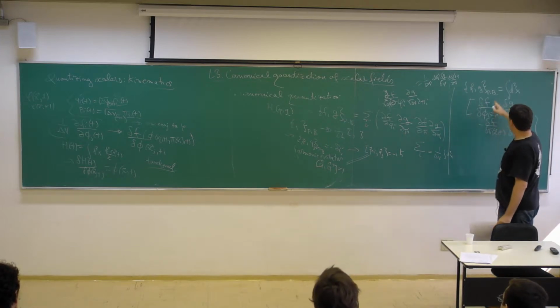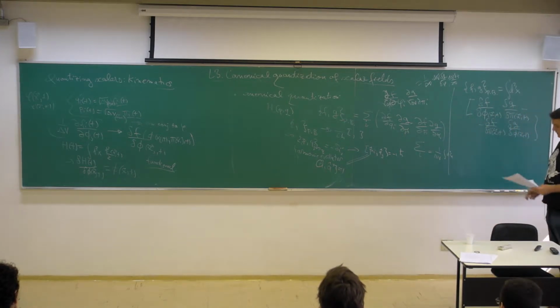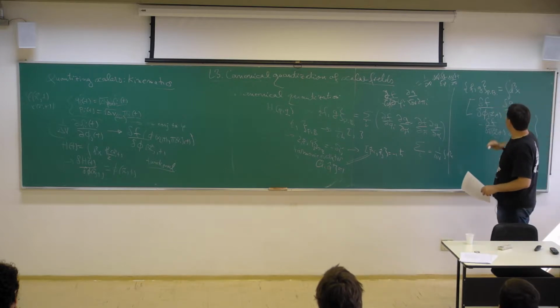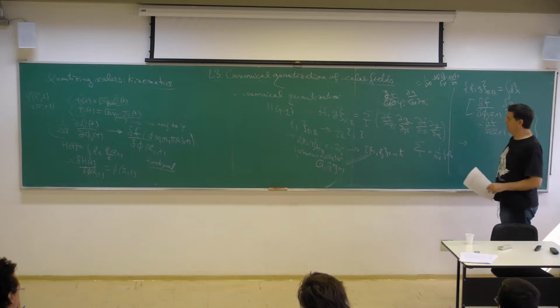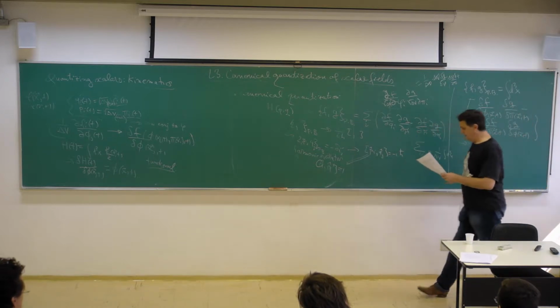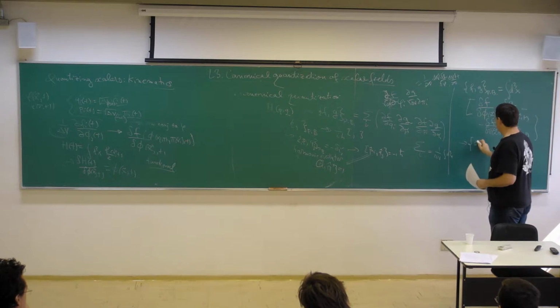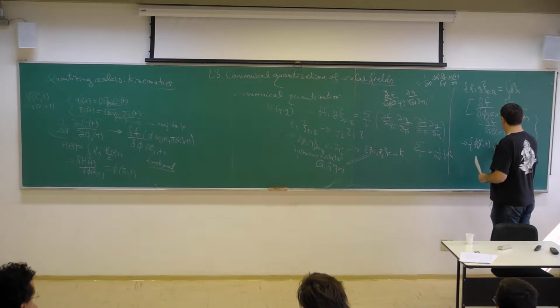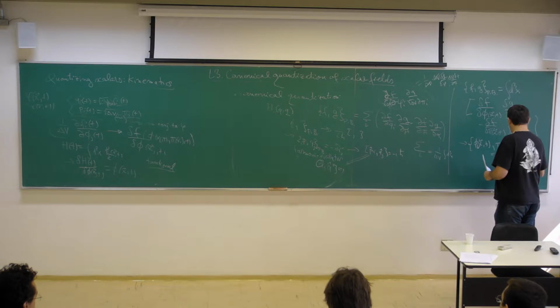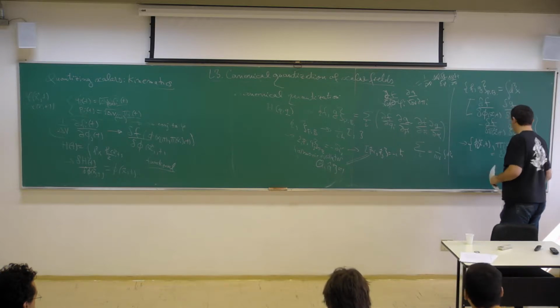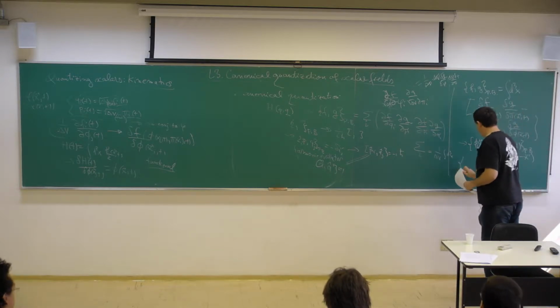So now that we've defined this functional Poisson bracket, we can of course immediately find the fundamental Poisson bracket, this one, right? So now we say phi of x and t with phi of x prime and t, Poisson bracket, is delta of x minus x prime. And the other ones are 0.